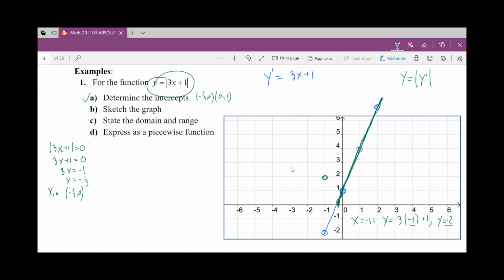Okay, so that's how we got this point. Now, likewise, we might be interested in figuring out easily what y value corresponds to x equals negative 2. So we'll do the same thing. We will substitute x equals negative 2 into the equation. We're going to get y equals 3 times negative 2 plus 1. In other words, y is going to be equal to negative 5.